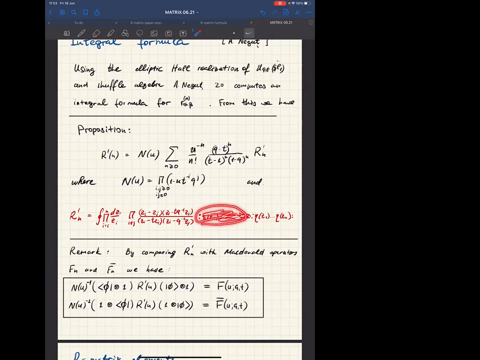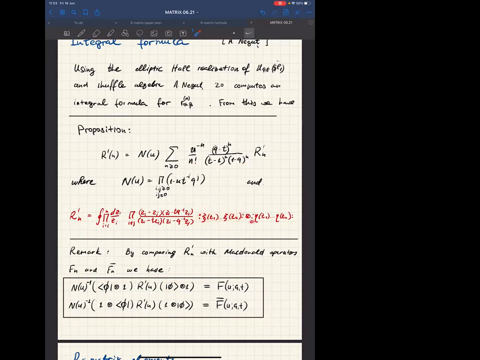So from that we have this proposition. If we sum over n for all n here, and sandwich the first tensor component with the vacuum vector, this vacuum vector removes all these operators because they are normally ordered.